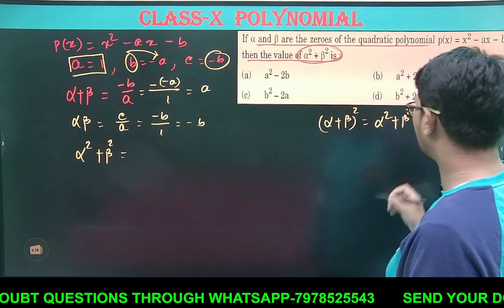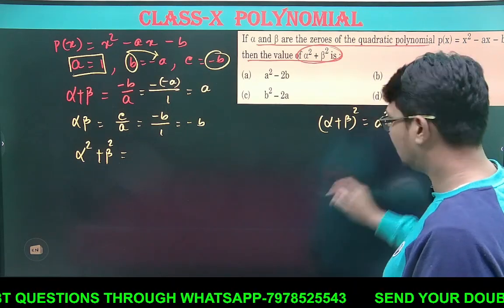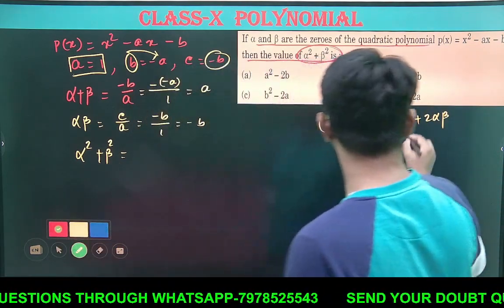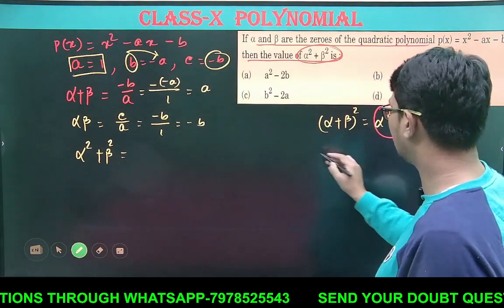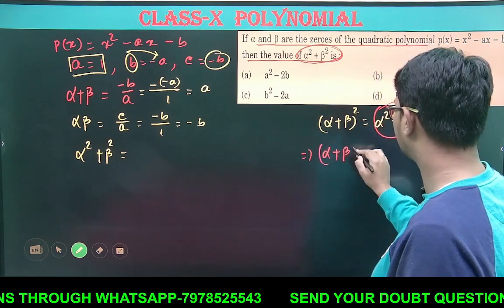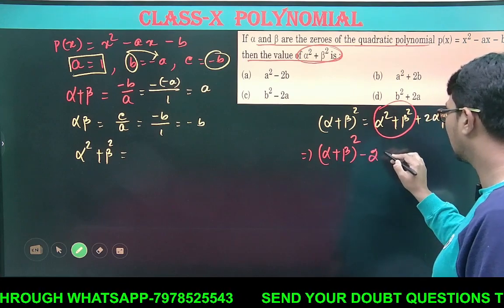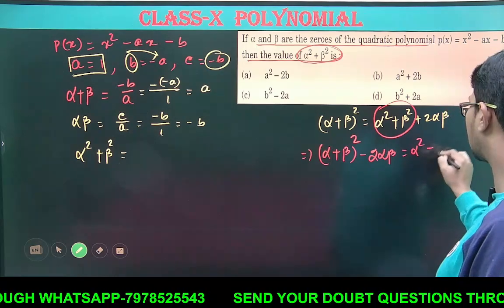So from here, which one are we going to find? We are going to find this one. Let us bring 2 alpha beta to the left hand side.